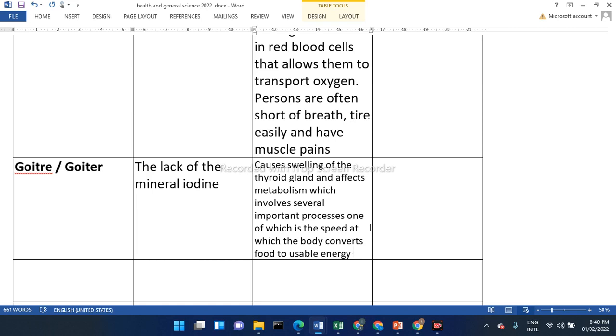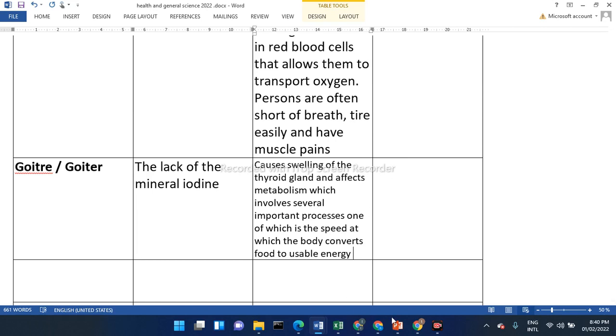Remember, we take in food, and usable energy comes in the form of ATP. Yeah, ATP. That's respiration, though. Okay, alright.